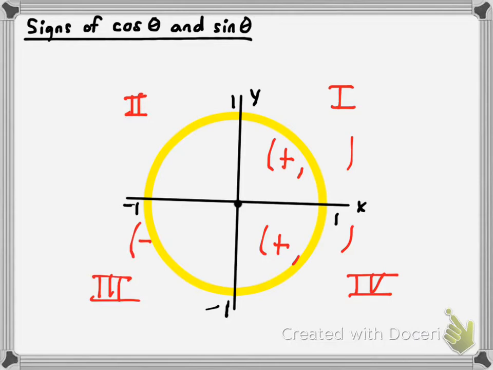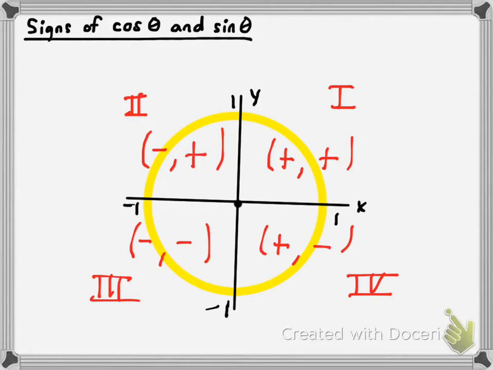Whereas in the second and the third quadrants, x-coordinates are negative. And then we're looking at the y-coordinates. Well, the y-coordinates are positive in quadrants 1 and 2, and they're negative in quadrants 3 and 4.